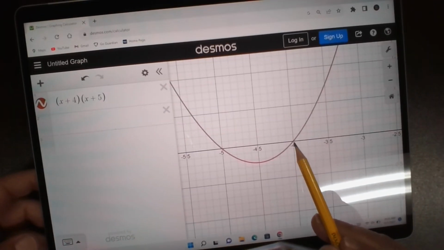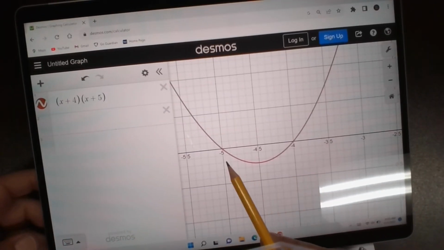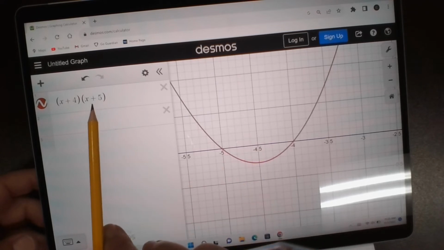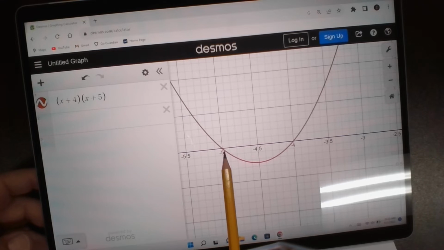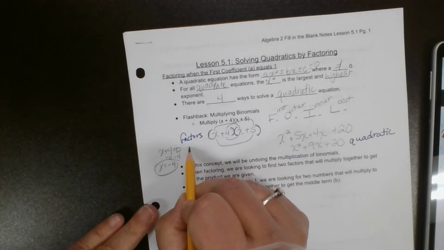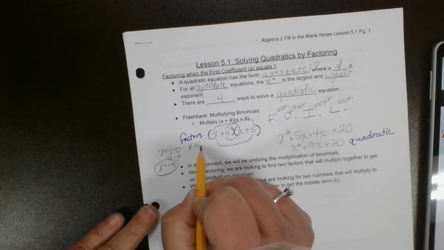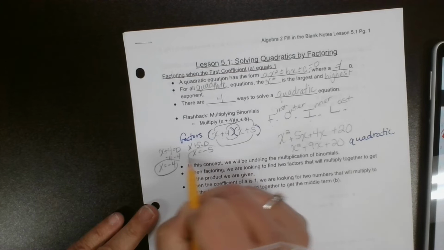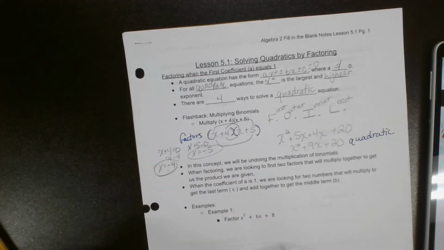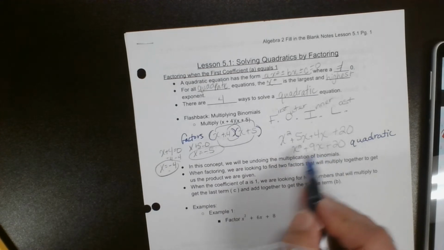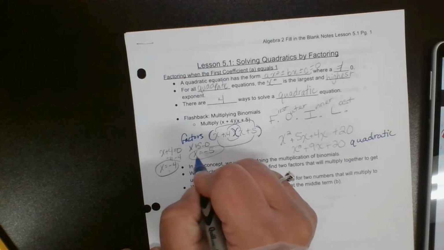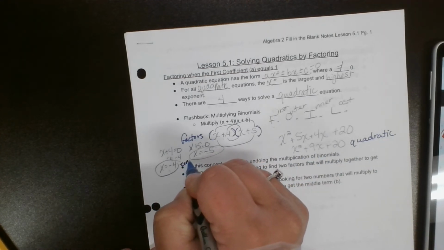Same thing if I move this 5 to the other side and have x equals -5, that gives me that 0. So in demonstrating that, this is what I'm going for. There's my 2 zeros. Here are my binomial factors, and that's the resulting quadratic. So these are my zeros.